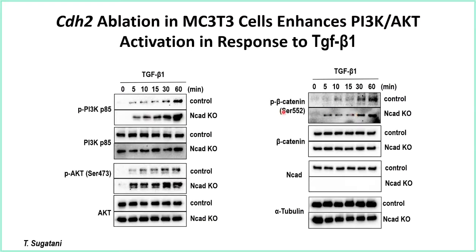And also phosphorylation of beta-catenin on serine 552, which again stabilizes the protein, as opposed to the phosphorylation sites that are dependent on GSK3. And here again, probably a faster activation of beta-catenin. So overall, lack of N-cadherin does enhance not just Wnt signaling, but also PI3 kinase signaling.